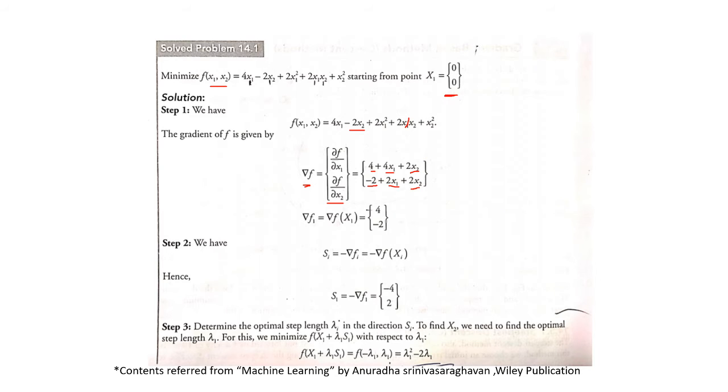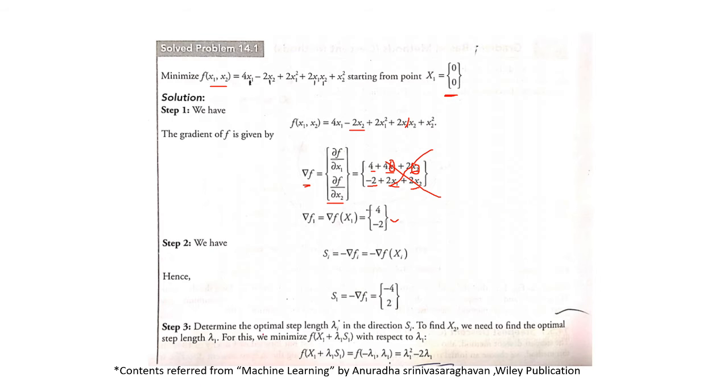Now, once we get this value, if you substitute the values 0, 0 in this equation, so if I substitute my x1 value equal to 0 and x2 value equal to 0, all these terms will vanish. So I'll get only the two elements, delta f of x1, which is 4 and minus 2.